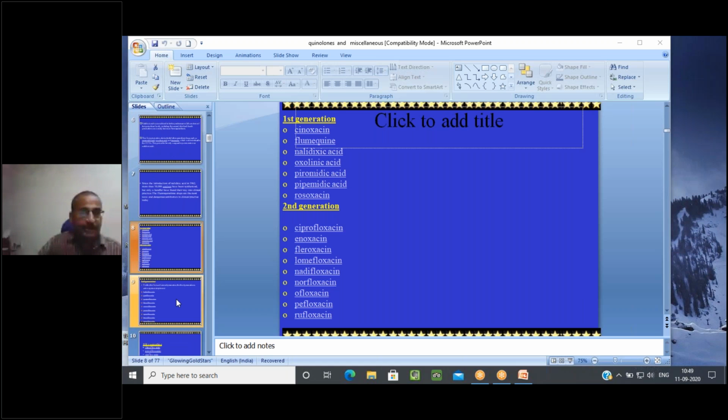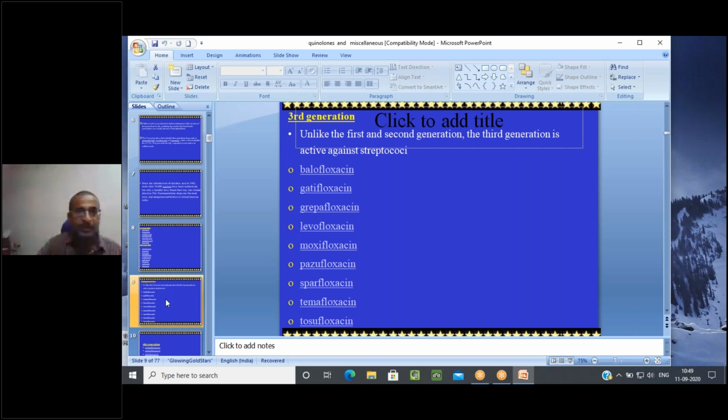Carry on. Okay. Next, let's go for the third generation of fluoroquinolones. Unlike the first and second generation, the third generation is active against streptococci. They have some different potency as well as side effects and kinetic profile.